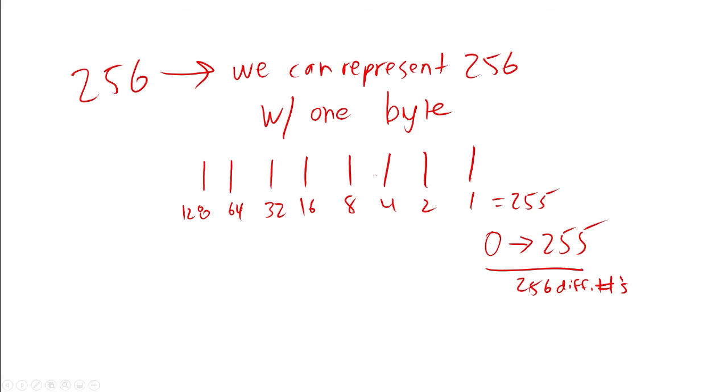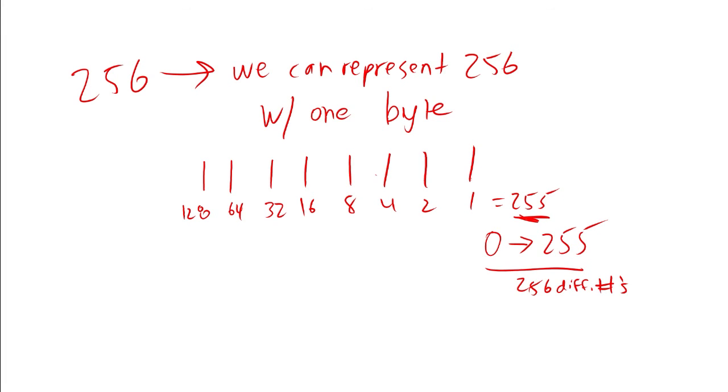In this case, the first bit is worth 1, second bit's worth 2, third bit's worth 4, fourth bit's worth 8, the fifth bit is worth 16, sixth bit is worth 32, the seventh bit is worth 64, and the eighth bit is worth 128. If we set all the bits to 1, we get 255.